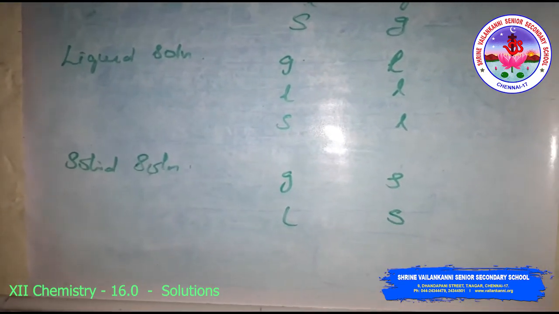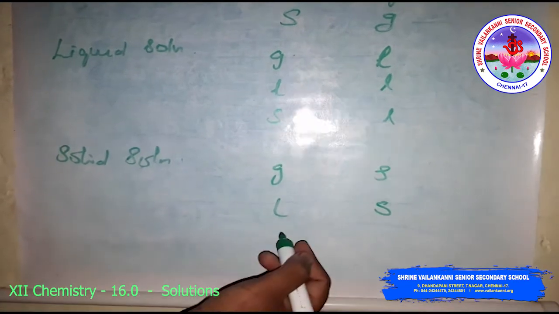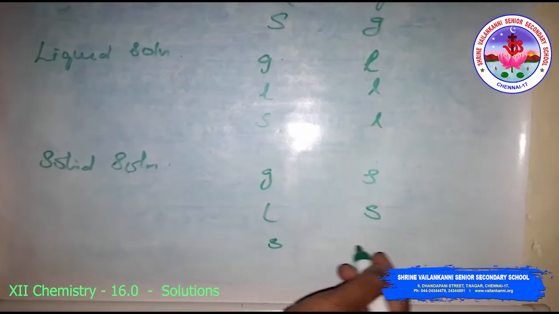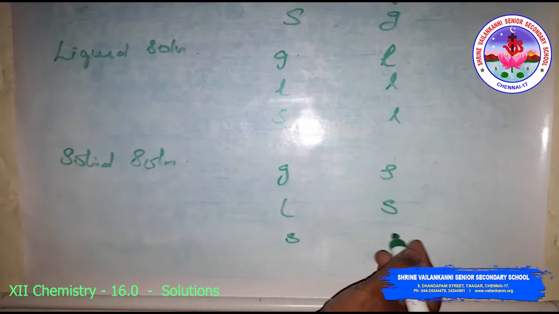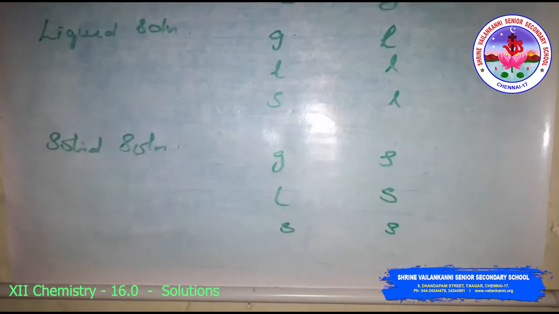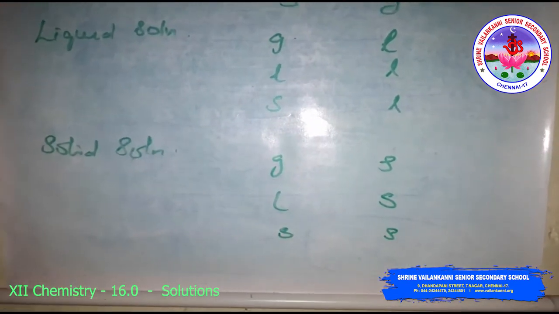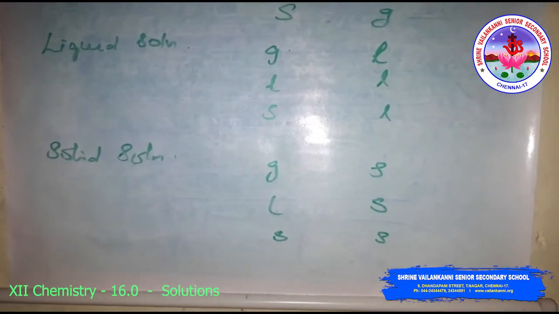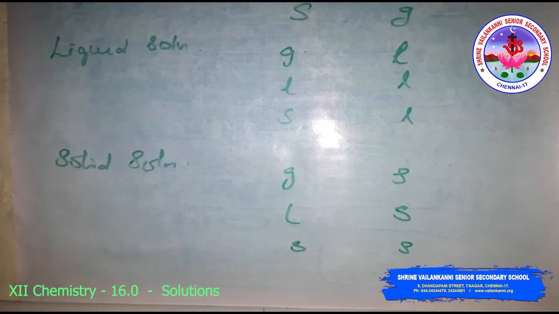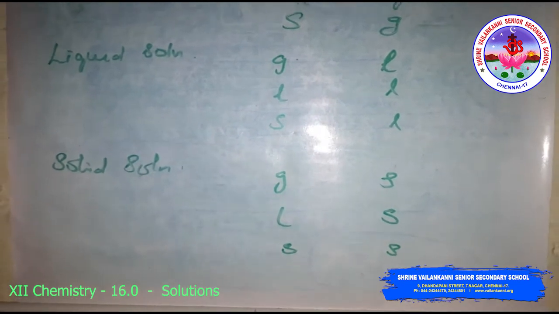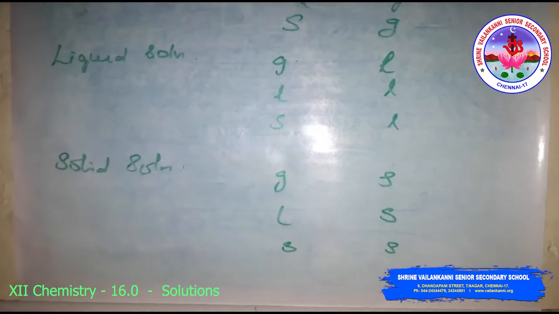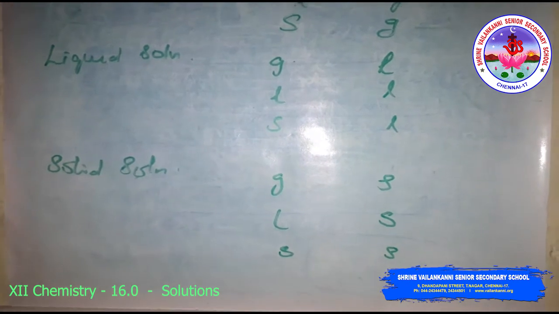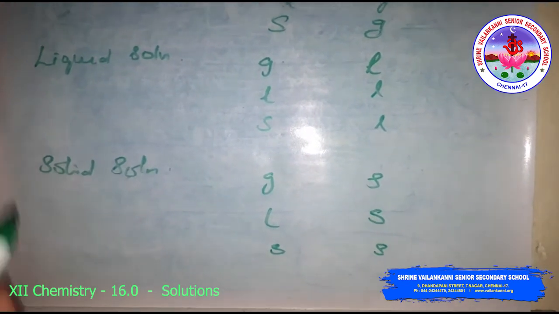Then the last one, where the solvent is solid and the solute is also solid, is copper dissolved in gold. So these are the types of solution: gaseous solution, liquid solution and solid solution. The different types of solute and solvent mixtures are different, and examples are given.